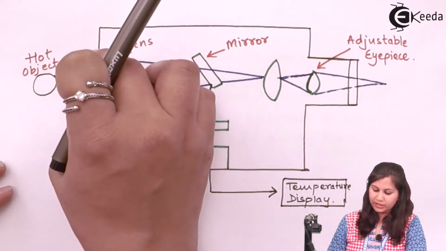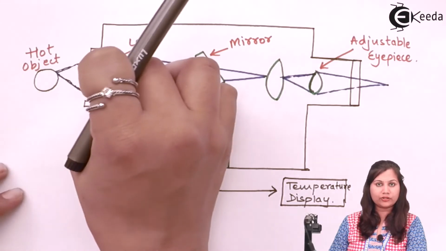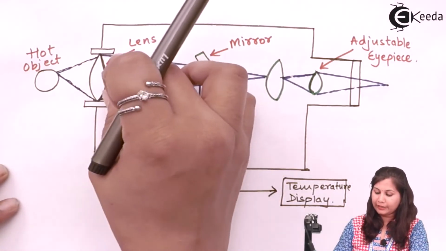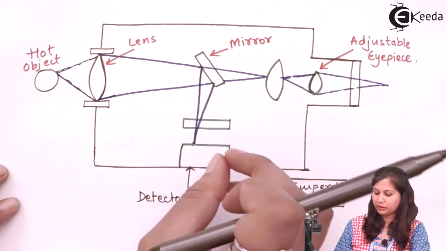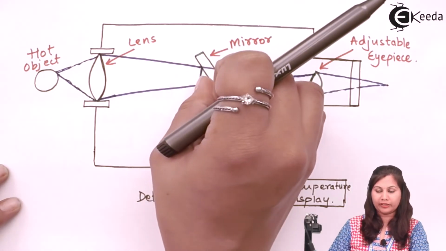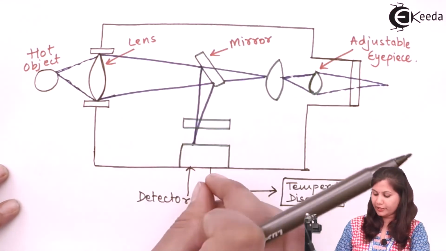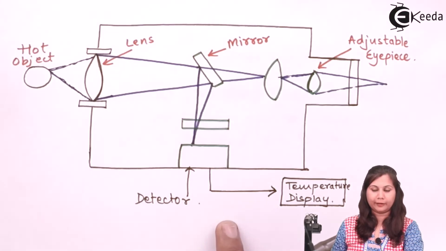So this objective lens is going to collect all the radiations, and with the help of this mirror, it is going to focus all the radiation towards this detector.